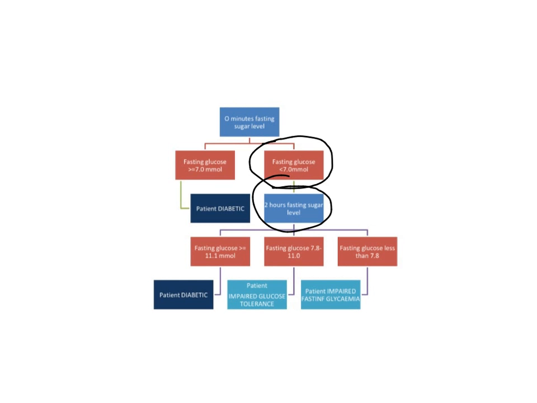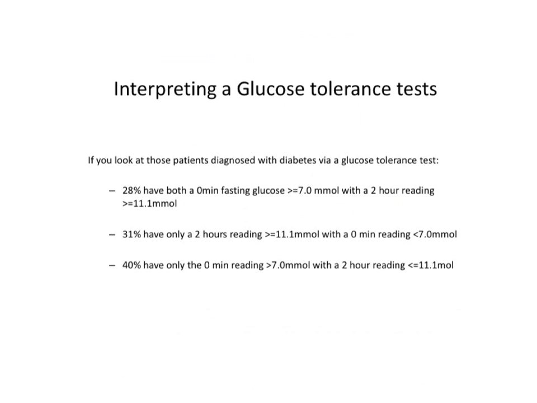It can be seen by this that when you're interpreting a glucose tolerance test, you don't actually need both a 0-minute fasting glucose above 7 and a 2-hour reading above 11.1 to make the patient diabetic. If you look at all those patients diagnosed with diabetes via glucose tolerance test, only about a third, 28%, have both the 0-minute fasting glucose greater than 7 and a 2-hour reading greater than 11.1.